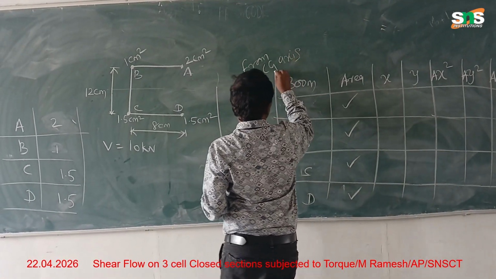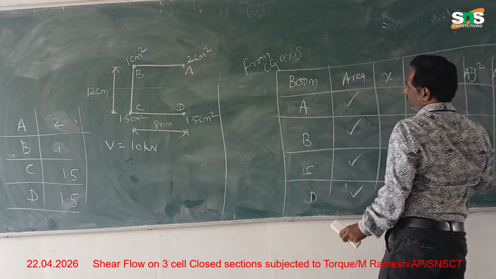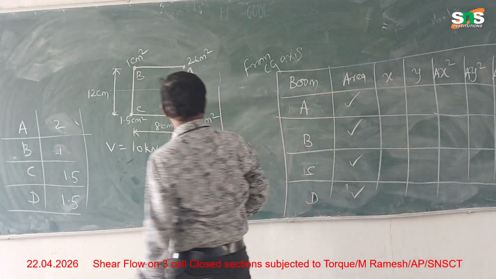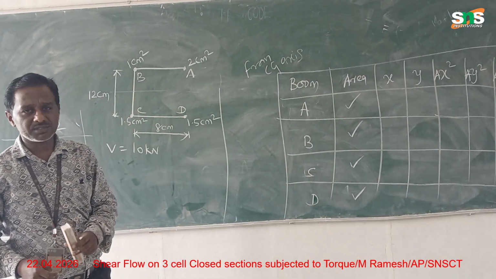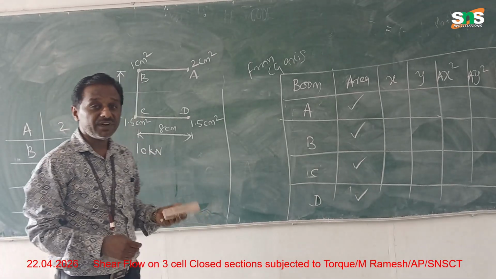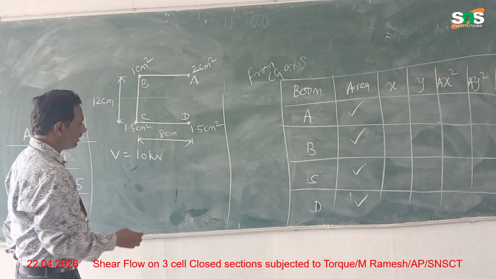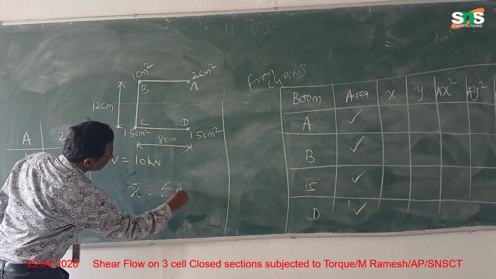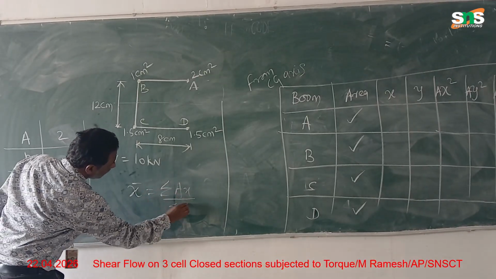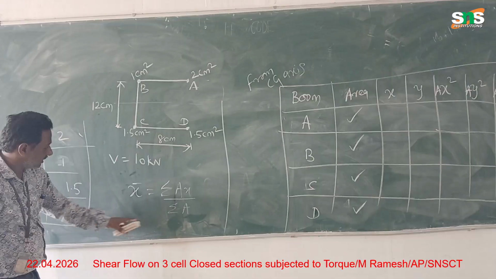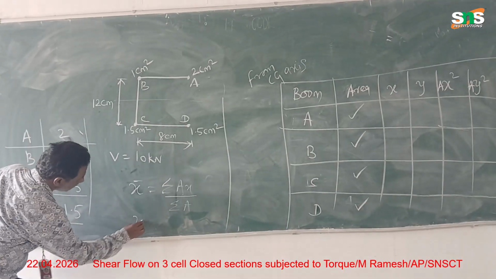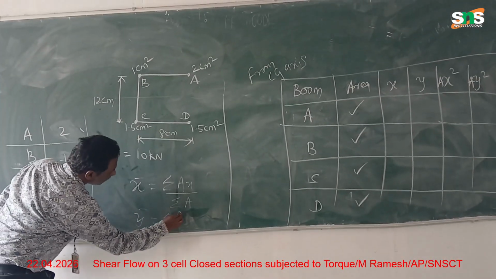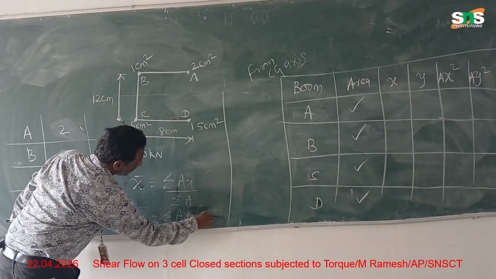CG means center of gravity, or here, since it is two-dimensional, we can say it is the centroid. How to find the centroid? The centroid is x bar and y bar: x bar equals sigma A x by sigma A, and y bar equals sigma A y by sigma A.